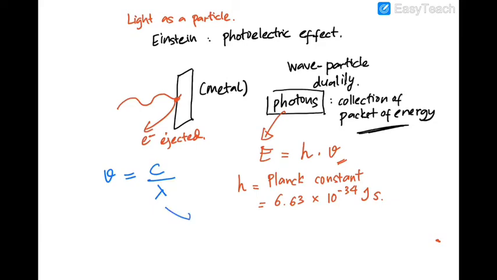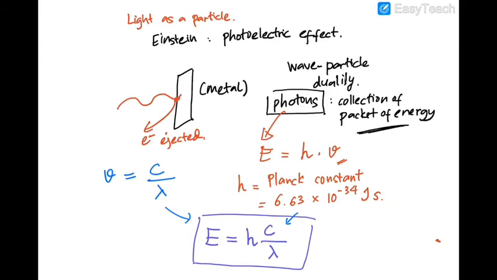So overall, we get that E is equal to hc over lambda, where E is the energy of the photon in joules, h is the Planck constant, c is the speed of light, and lambda is the wavelength.